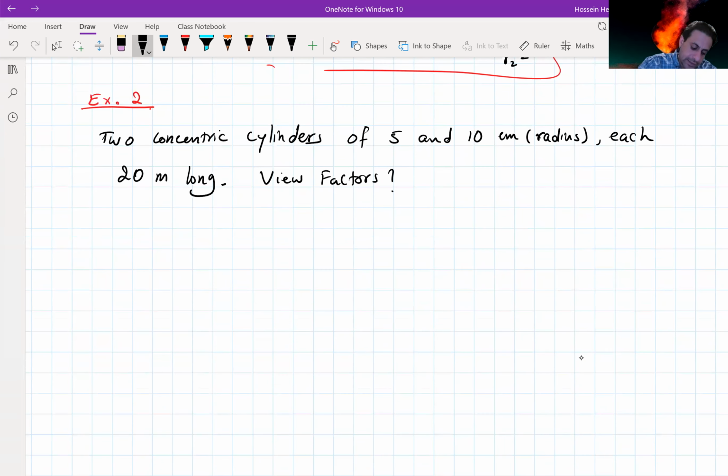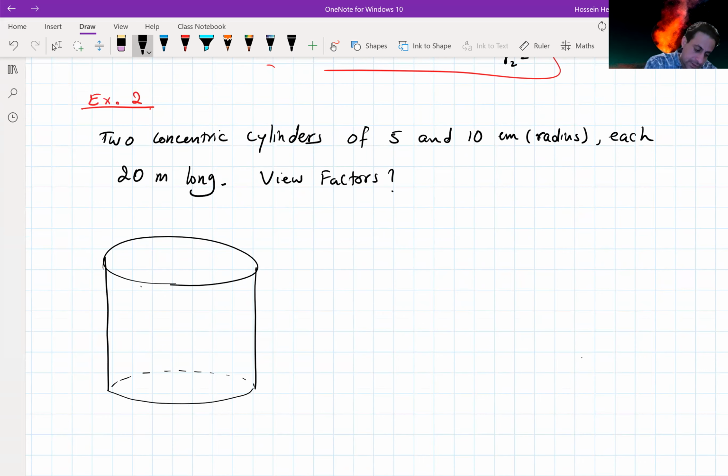If I look at the cylinders, let's say I have this bigger cylinder, and there is another cylinder inside that, concentric. Here the radius is 5, the bigger radius is 10. Now, if I label the surfaces, there is this surface A1 from the smaller cylinder, and this is the outer surface, let's say A2.